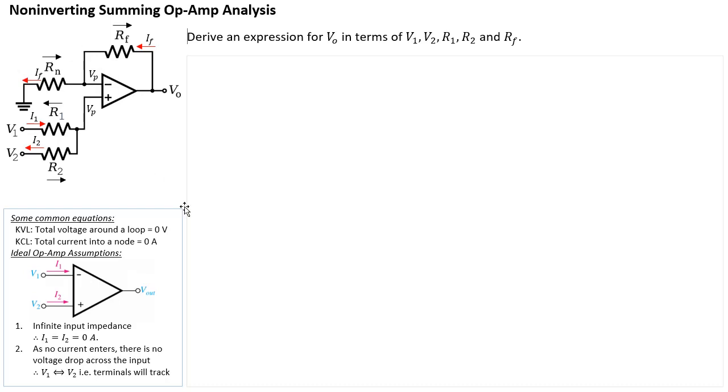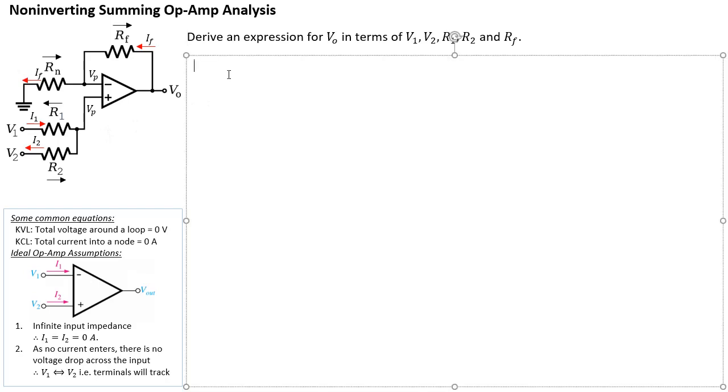Okay, now I think we can start writing some equations. The first one I want to write is about VP. My idea is to write an equation for VP related to the circuit connected to the non-inverting side, and then write another equation for VP related to the circuit connected to the inverting side. Then I will equate the two and try to solve the equation.